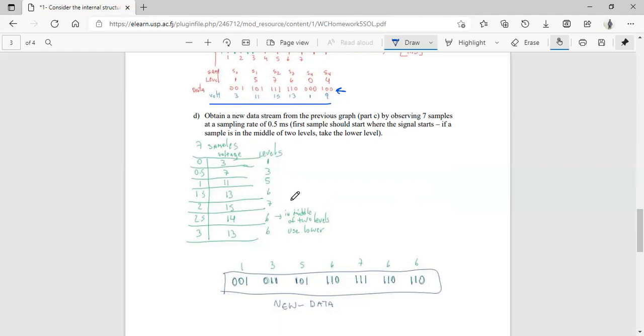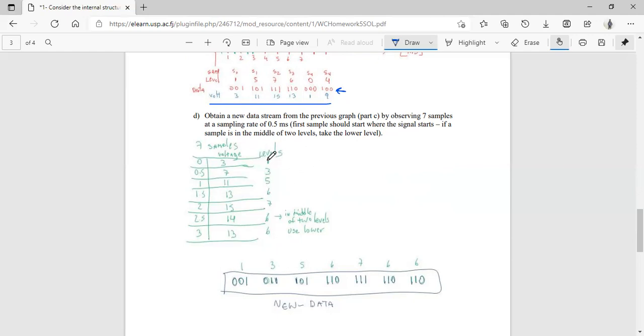So again, it will be a 3-bit long system. You'll be representing each decimal value with 3 bits each, just because of this maximum value of 7, which can be represented by a 3-bit system. So all of these decimal values will be converted into binary of 3 bits long.